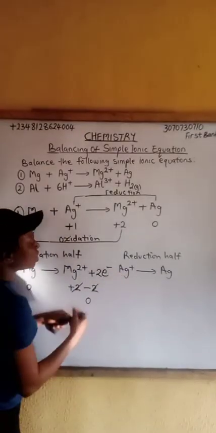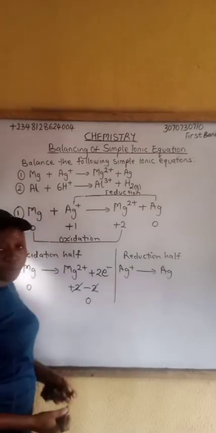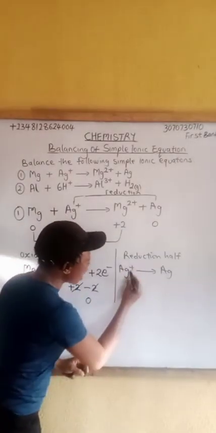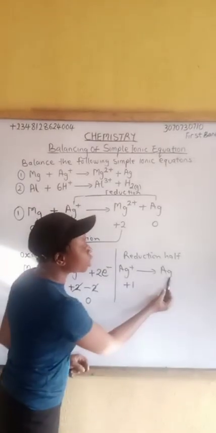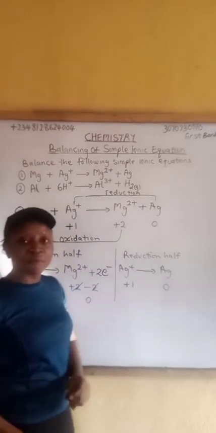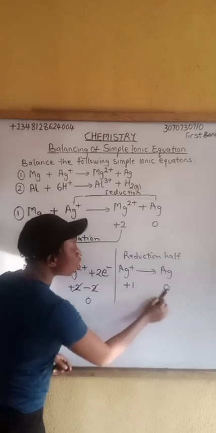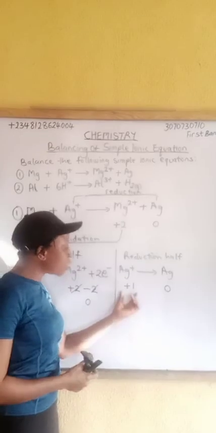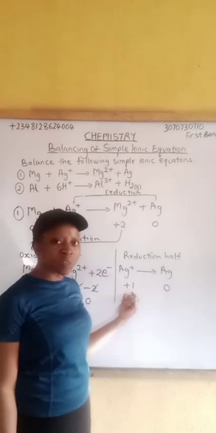Now you come to the second half reaction, the reduction half. Balance the oxidation number at both sides. At this side we have plus 1. The oxidation number of this Ag is 0 because it is a free atom. Now you equalize the oxidation number at both sides by considering the side with more oxidation number.